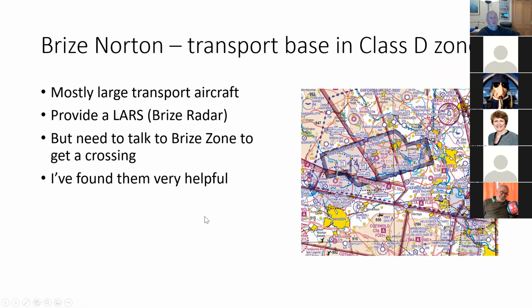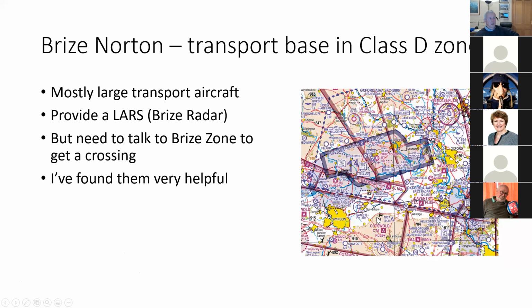Brize, I thought would be worth a quick talk about. That's a transport base, and that's Class D, of course. So Class D, most of you will know, is you must have a proper clearance to go into Class D. They will provide a Lower Airspace Radar Service. That's what a LARS means. And Brize Radar do that.